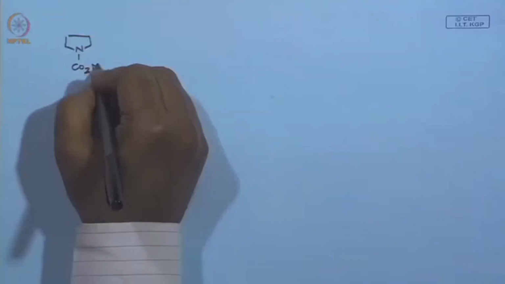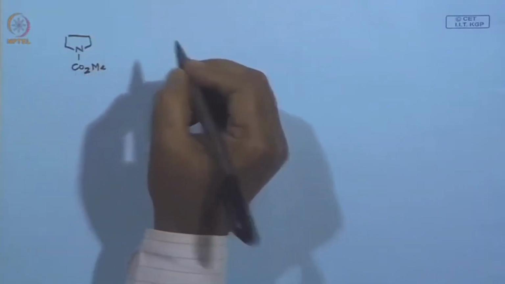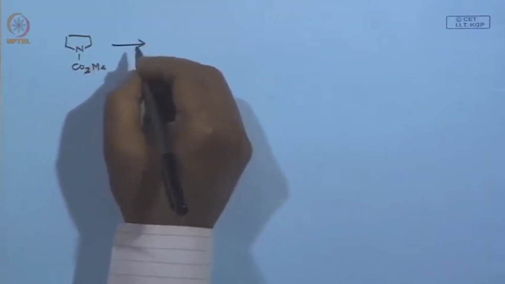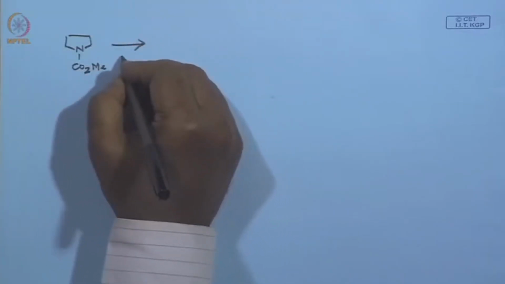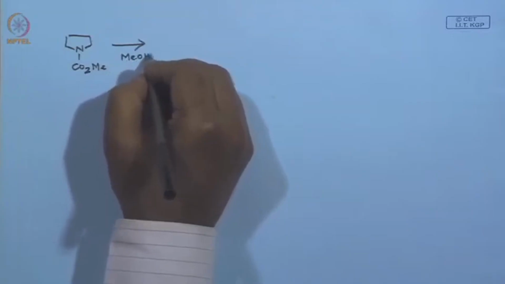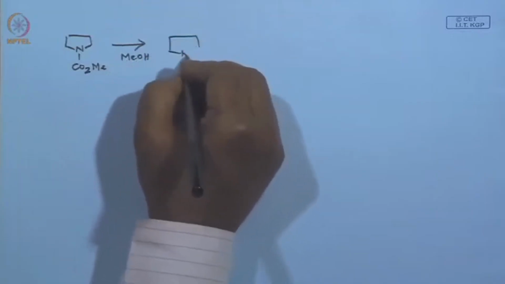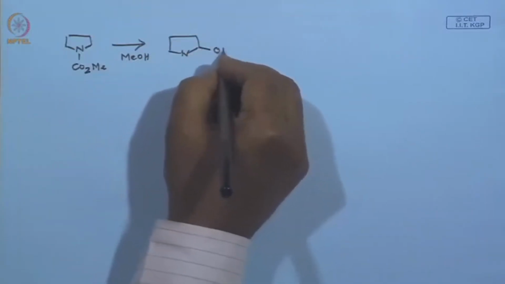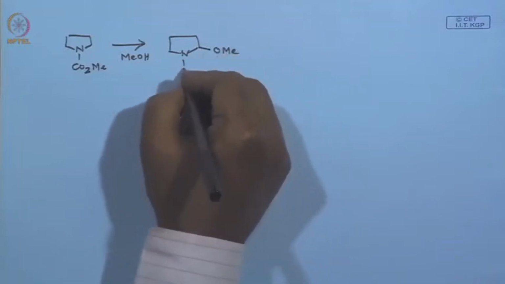Now, again, we also ought to have in mind a possible oxidizing agent. Often we do not talk about it. Let us say we add methanol, then it can be converted into the corresponding methoxy compound.